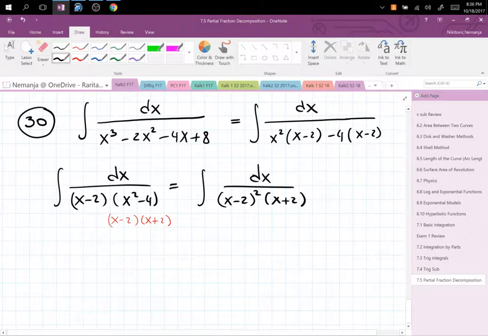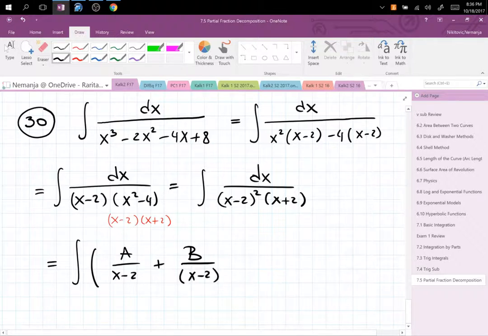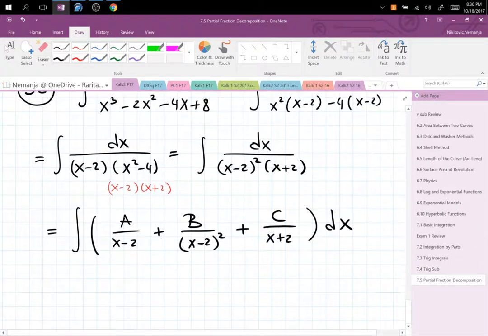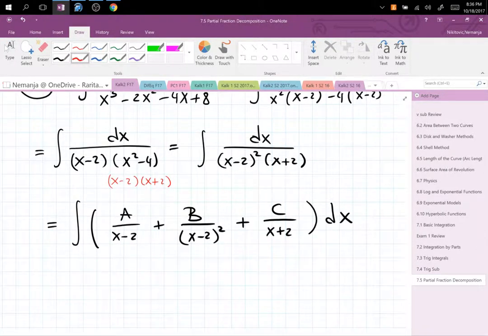So the setup is, don't forget the parentheses, linear repeated, so a over x minus 2 plus b over x minus 2 squared plus another linear, not repeated, c over x plus 2, dx. And now partial fraction decomposition.